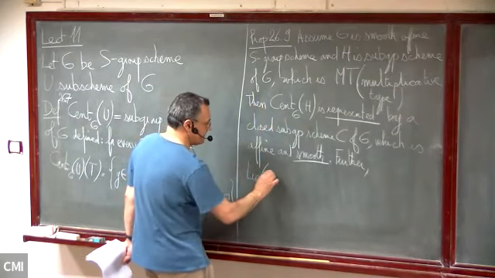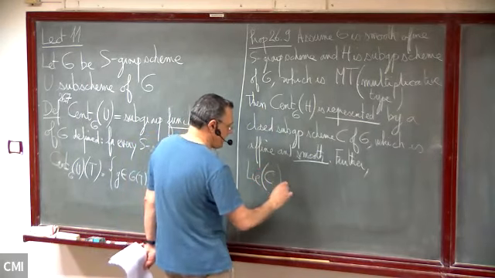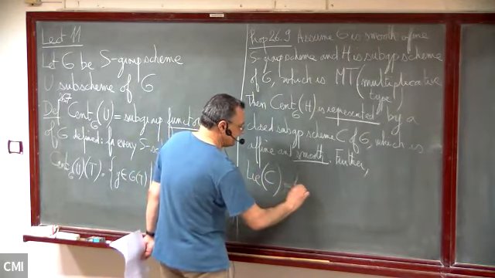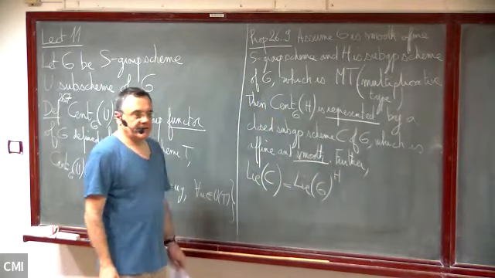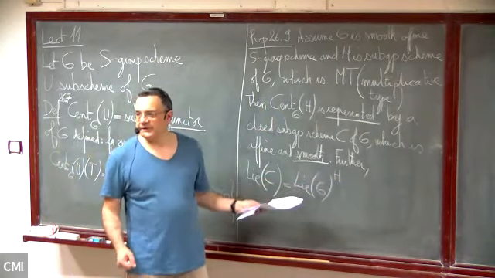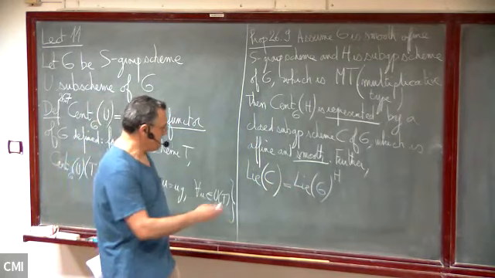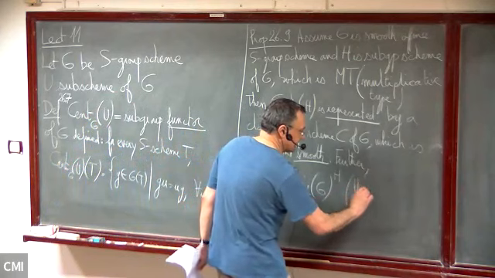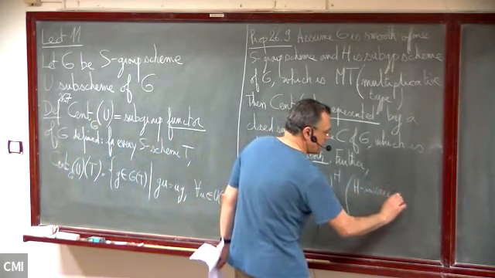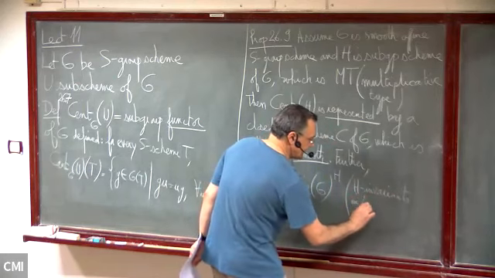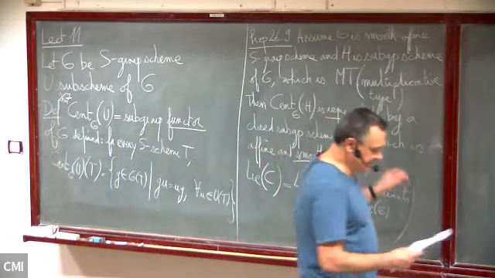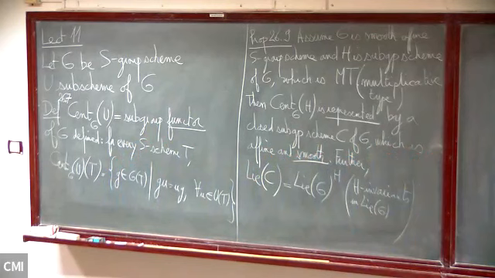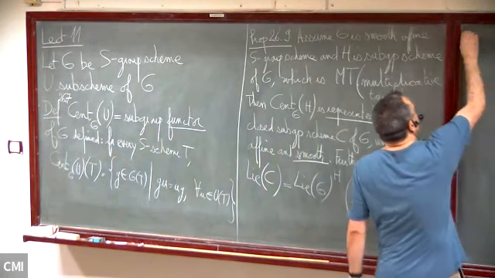The Lie algebra of C is given by the set of H-invariants in the Lie algebra of G. Okay, so we take this for granted for the moment, and using this, we are going to move to lecture 12.